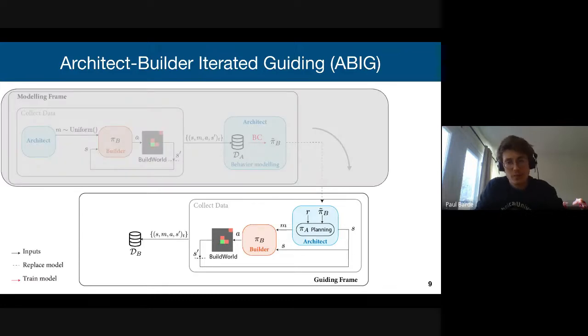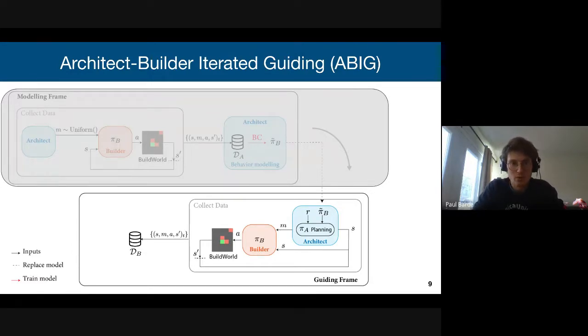In this guiding frame, the architect uses this model of the builder alongside its reward model as well as the environment model to do planning and pick messages that will maximize the reward. So it selects messages that will yield actions from the builder that optimize the reward.